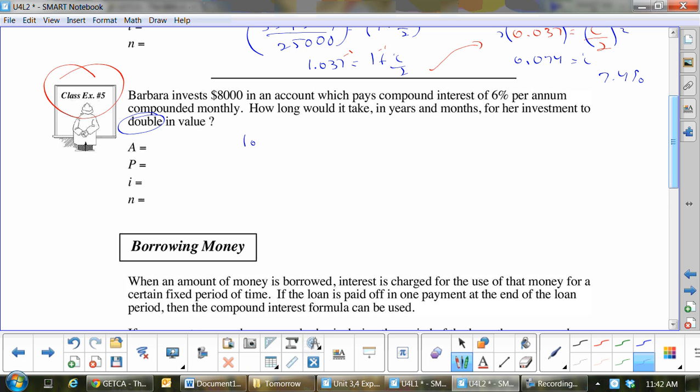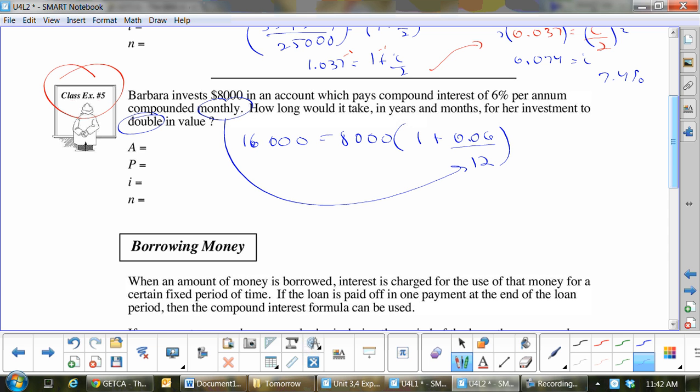So $16,000 equals 8,000 times 1 plus 0.06 over 12, right?